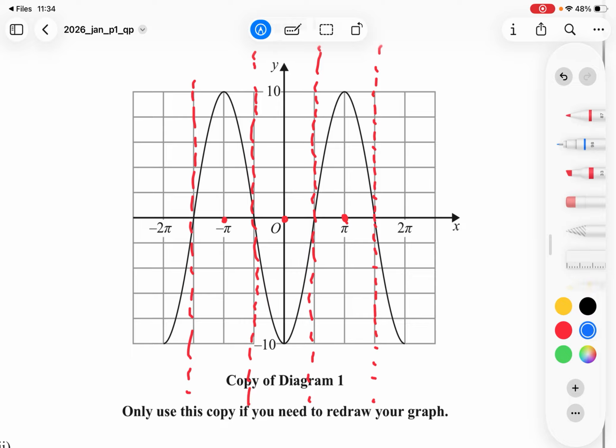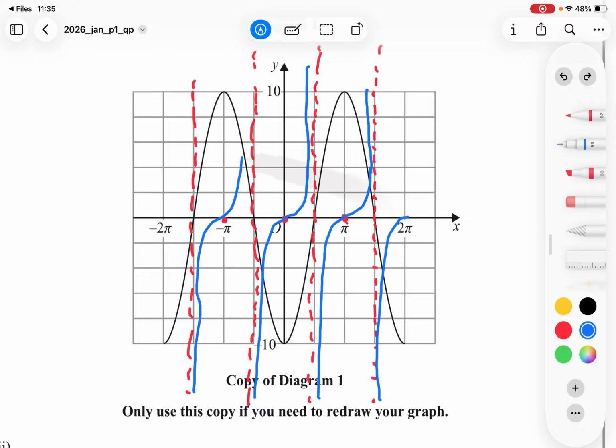I'll use another color for that. So it is going like this, and this is moving up. This is also coming like this, and this is also coming like this. At this one it's going like this, and it is moving up. So we have to have the repeated graph here as well. So this is how the y equals tan x line would come.